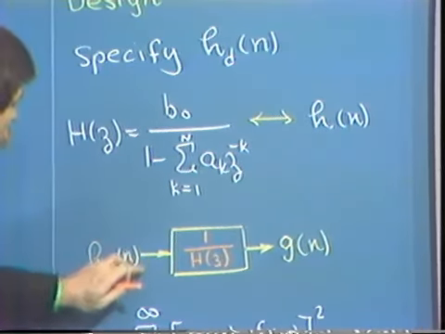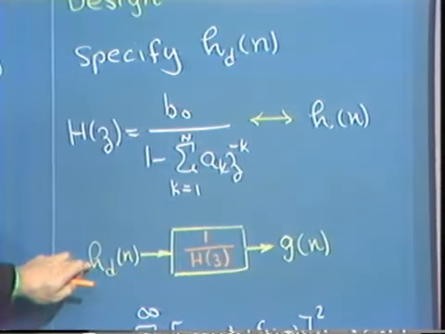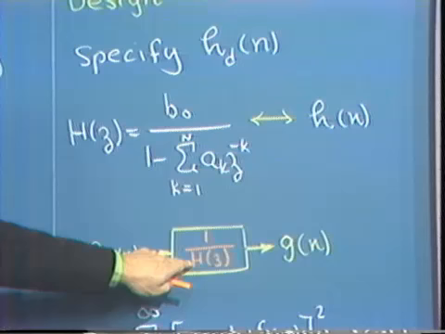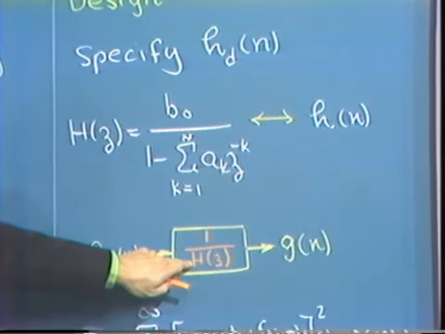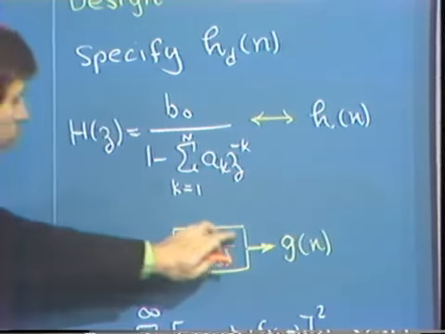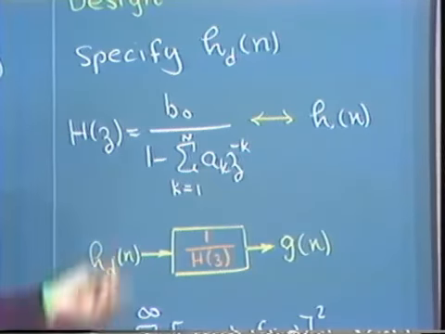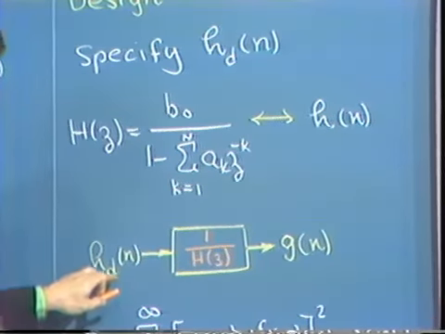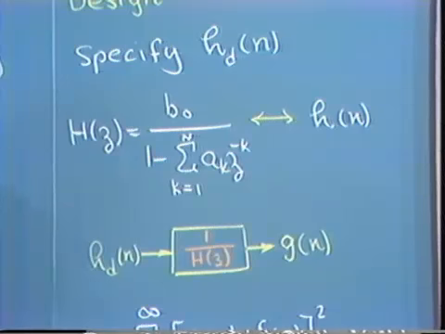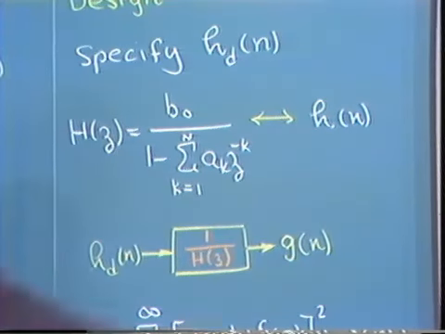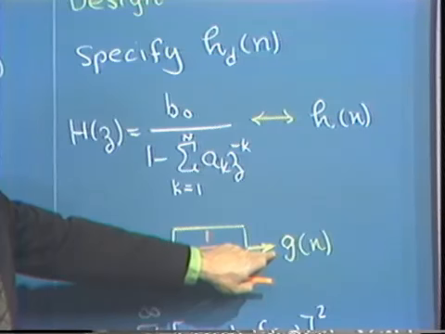Now, we have the desired unit sample response as the input. We've got the reciprocal of the filter that we're going to implement as the system function. And if, in fact, the realized unit sample response was exactly equal to the desired unit sample response, what would the output be?